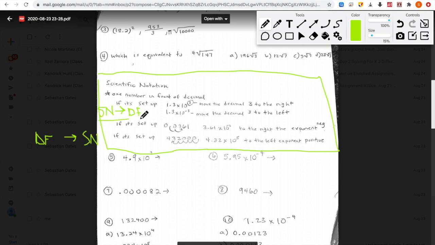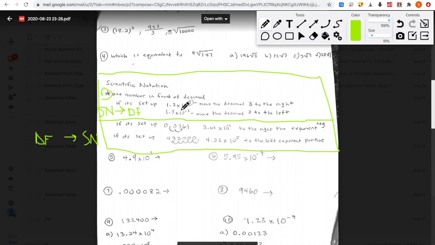So there are two different sets of rules, and all we have to know is that they're the opposites of each other. What we do for one, we do the opposite if it's set up in the other direction. The big important piece of information here, this star, is saying that we have to have one number in front of the decimal.